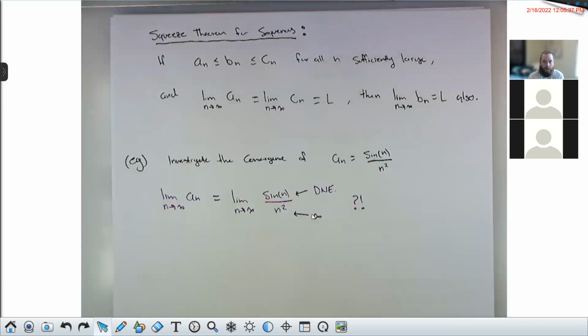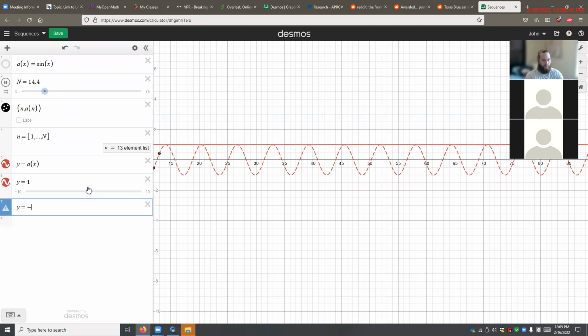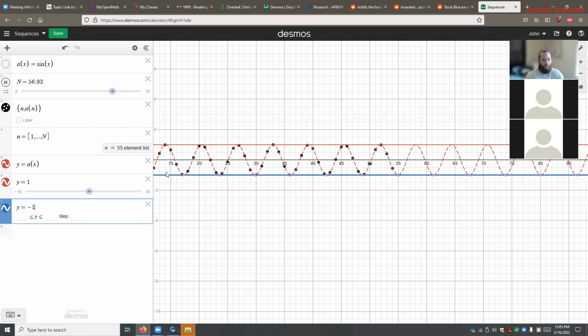But it is a good hint that we should use the squeeze theorem. In particular, you notice that the top is bounded. Those black dots never go out of this window from -1 to 1.